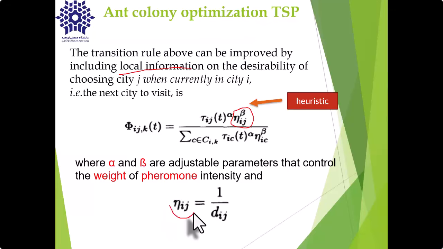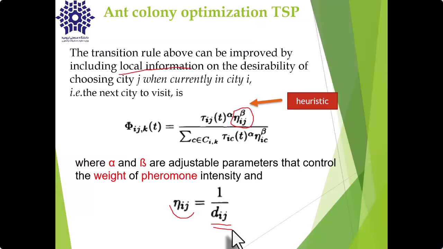Eta ij is the inverse of distance. When the distance is high, the value of eta is low because it's the inverse of distance. But when it's short, the value of eta is high. So it helps the algorithm to select the shortest path.